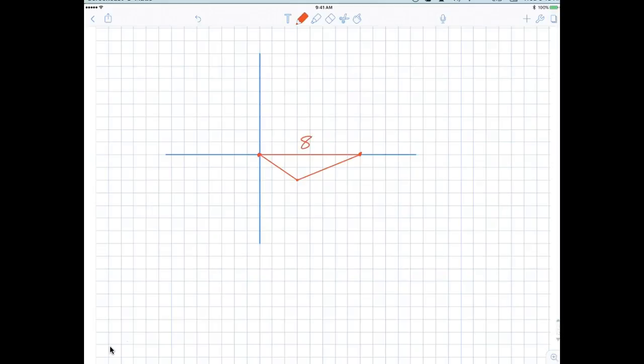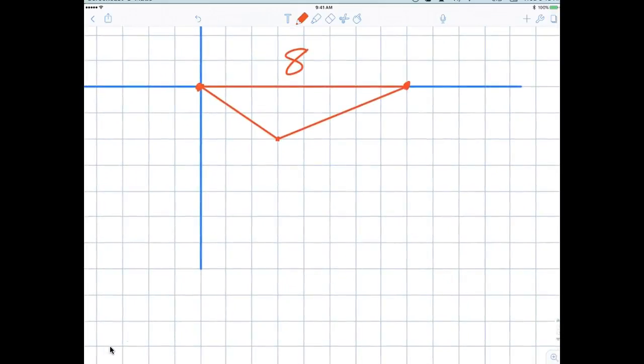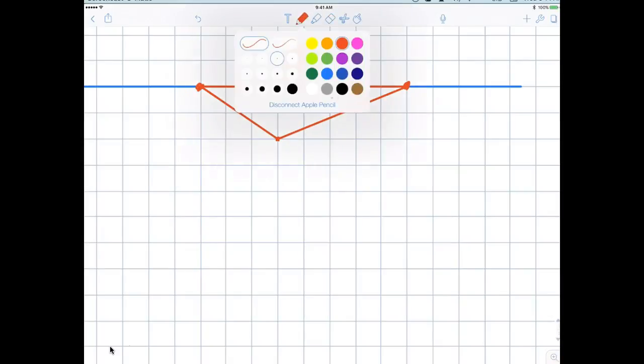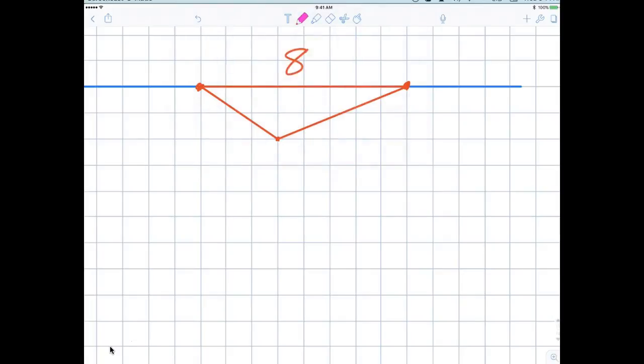This is 8. Now, I think this is the critical point that makes a difference: trying to draw the right triangle so you can see it clearly. I'm going to make this a different color just to make sure you can see.